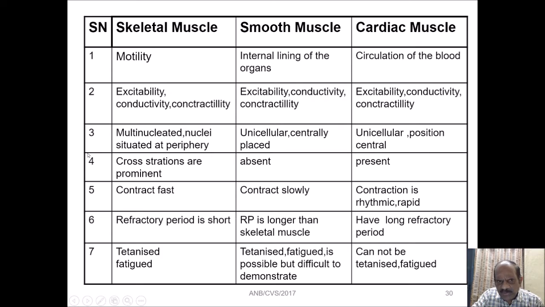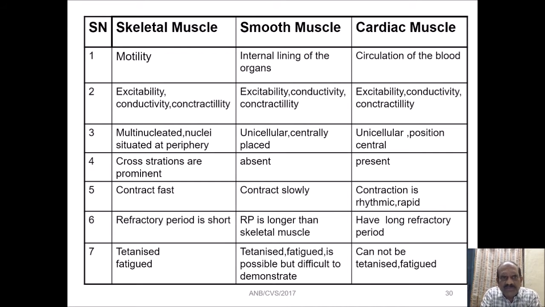Skeletal muscles are multinucleated, and all the nuclei are situated at the periphery. Smooth muscle is unicellular, and its nucleus is placed centrally. In cardiac muscle also, it is unicellular and the position of the nucleus is central.